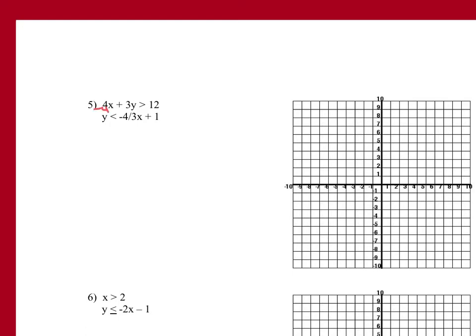Subtract the 4x, good. So 3y is greater than -4x plus 12. Then what? Divide by 3.